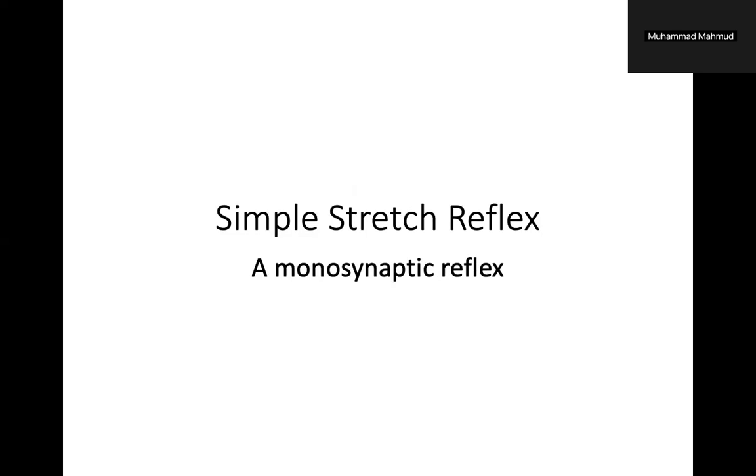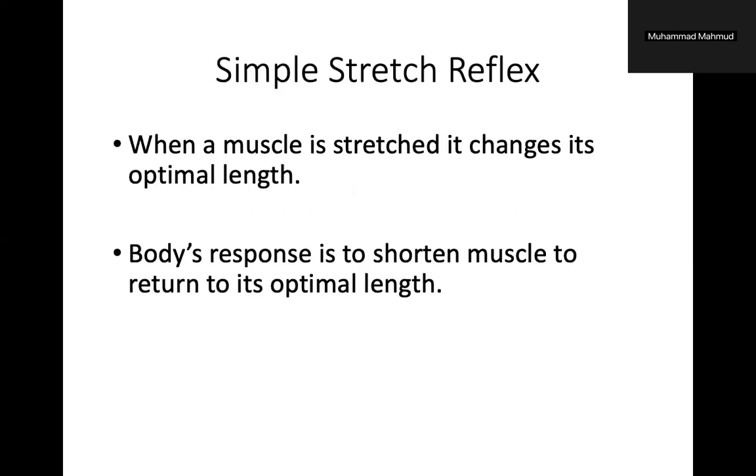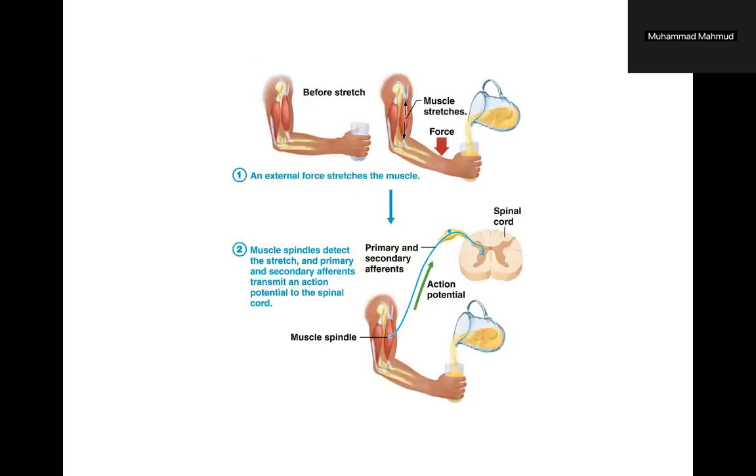Think about the word monosynaptic, okay? One synapse. So one example will help you to understand these things. Look at this picture to get the idea about these monosynaptic reflexes.